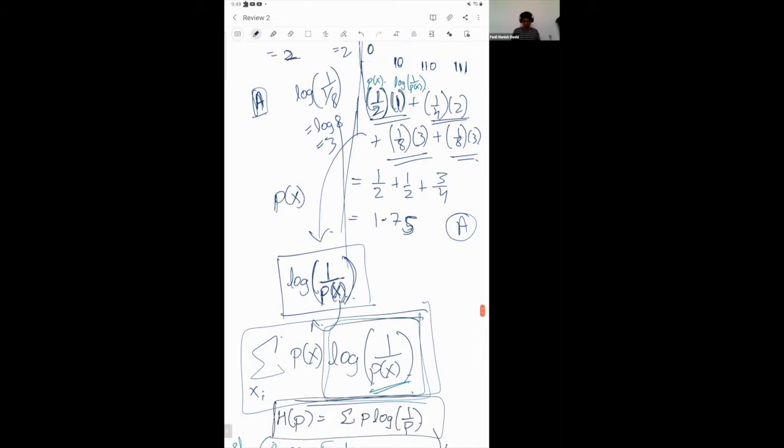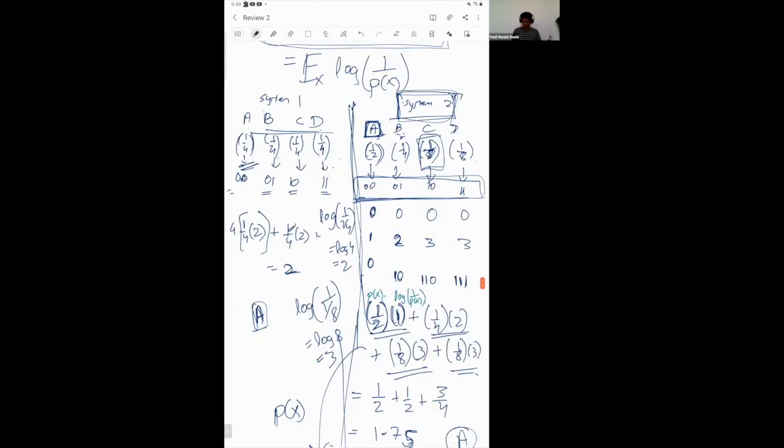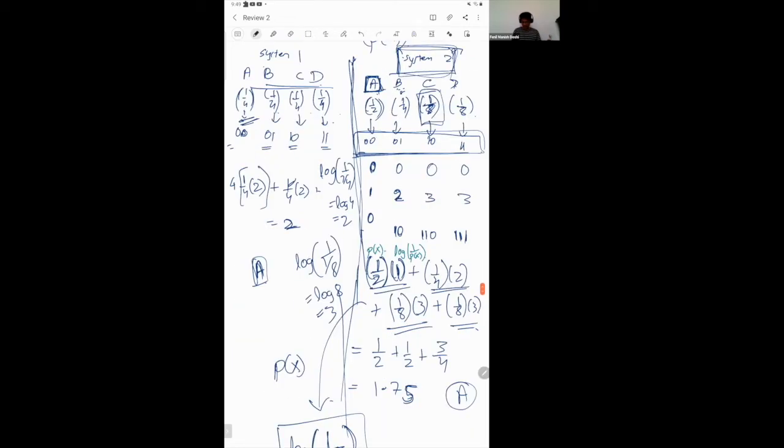But that's what Shannon basically proved: when I say I am using this many bits, in no way can I use fewer bits than this when this is my distribution, if I need to convey this information effectively. And conveying effectively means that after encoding I should also be able to decode it.